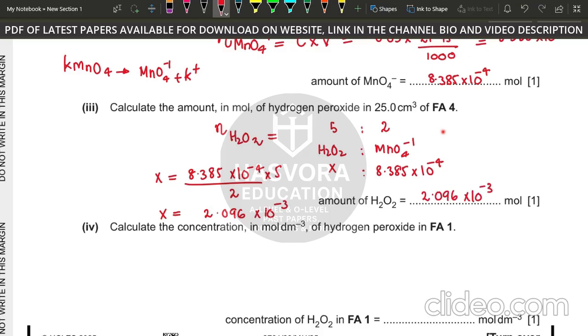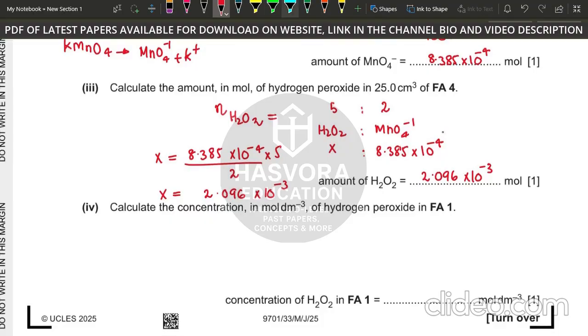Okay, now calculate the concentration. Now this is the most important part, in which the student actually gets stuck. So let's re-emphasize what we actually did in this whole experiment. I told you that we had an original solution of the hydrogen peroxide.